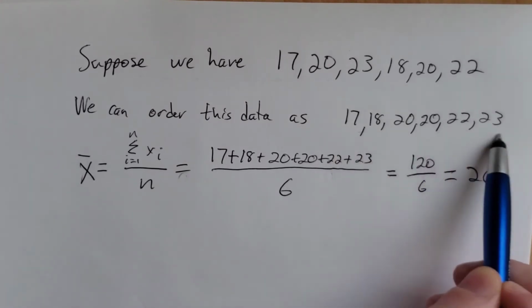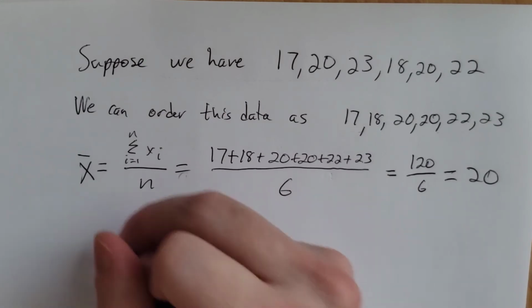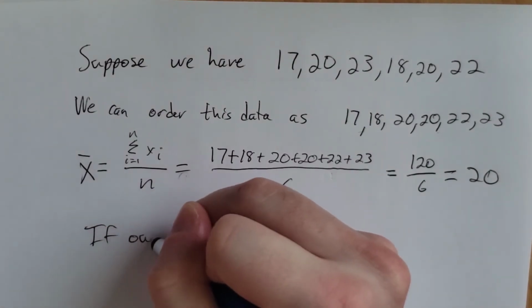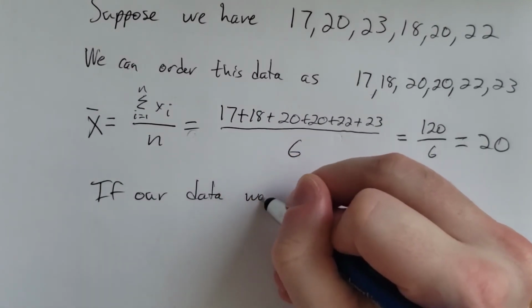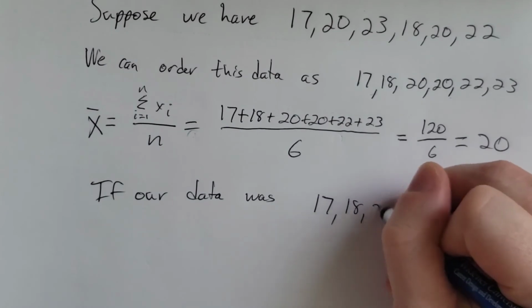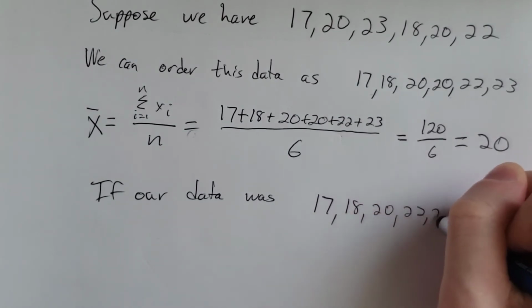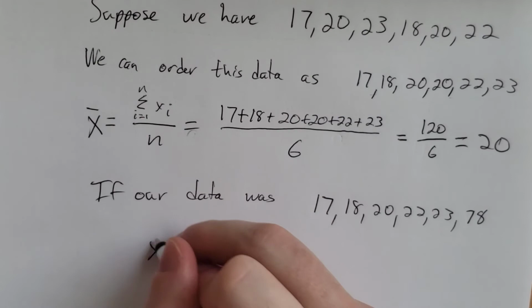So if this data just had 1 point different, for example, if our data was 17, 18, 20, 22, 23, and one of these 20s was maybe like 78, then what is our new mean?